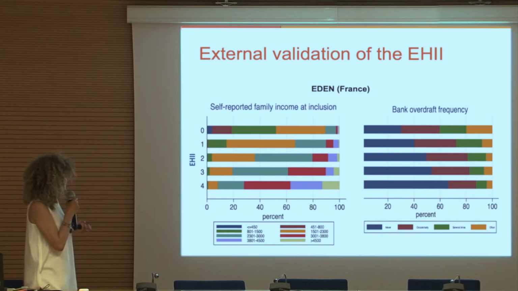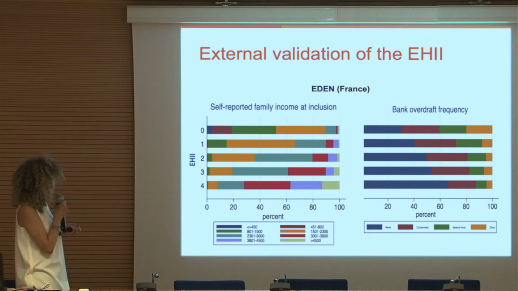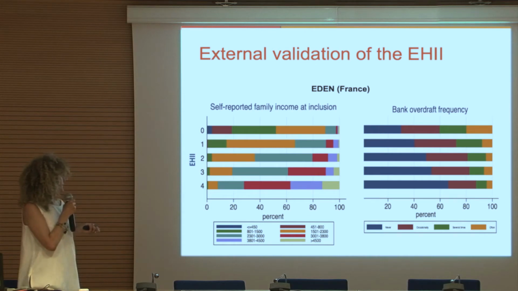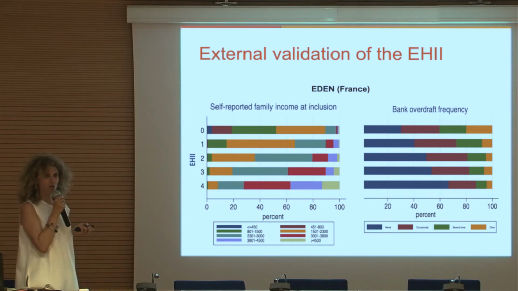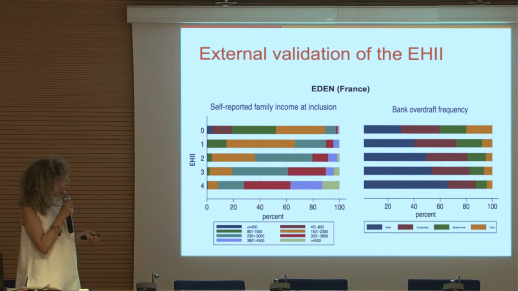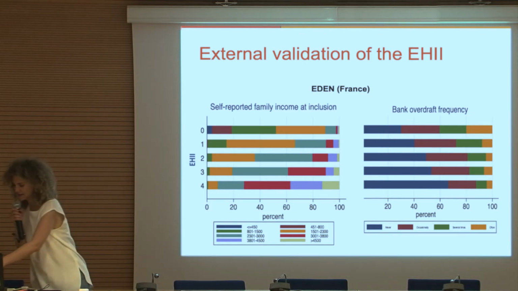And as we can see, the agreement is quite good, because, for example, 70% of subjects predicted to be among the richest reported a monthly income above 3,000, while the same proportion among those predicted to be in the lowest quintile is less than 5%. And we also observe quite a good agreement with the bank overdraft frequency.